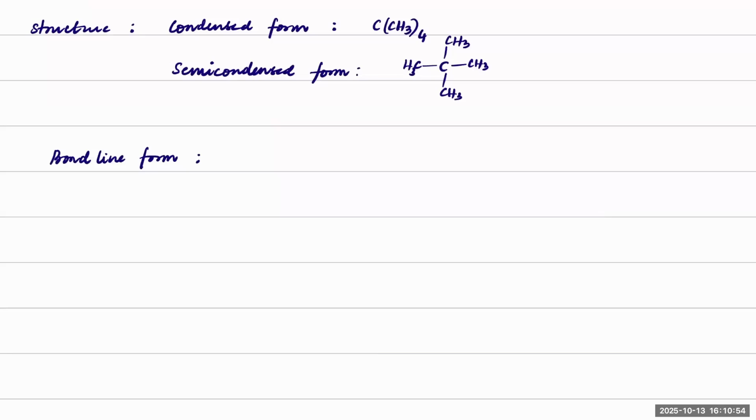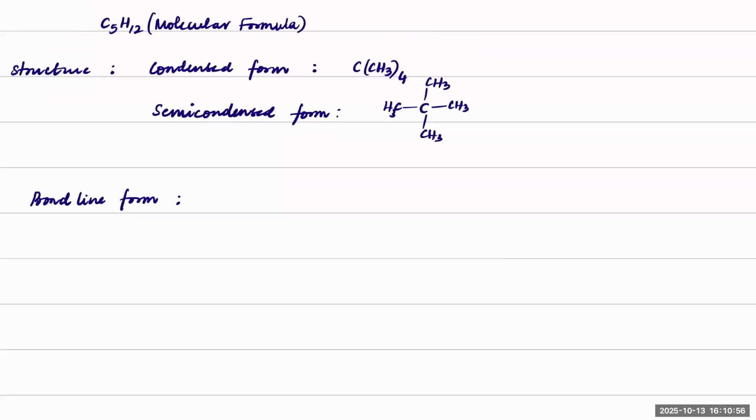Bond line form is only showing with lines, and the ends as well as the intersections are always termed as carbons. So this molecule will be like this. This is the bond line structure of this particular molecule.